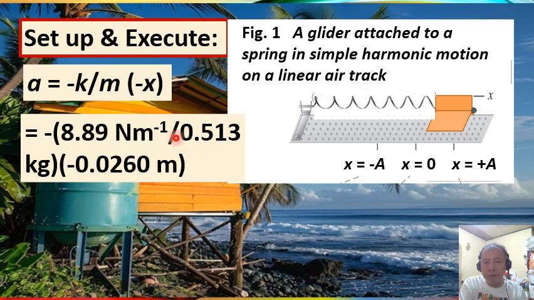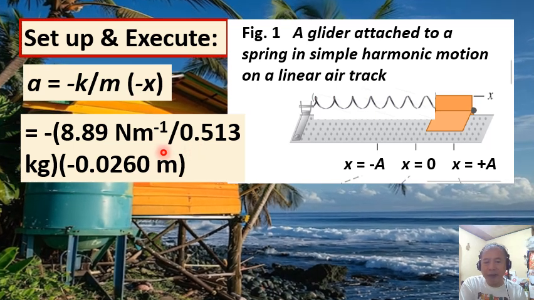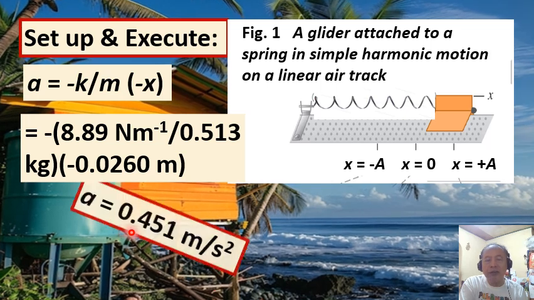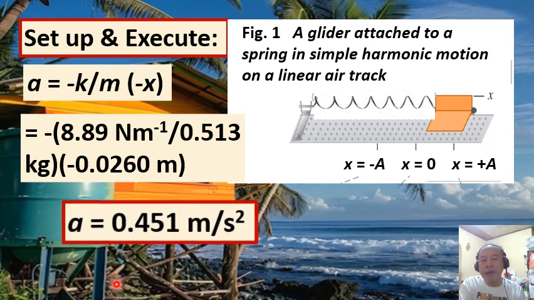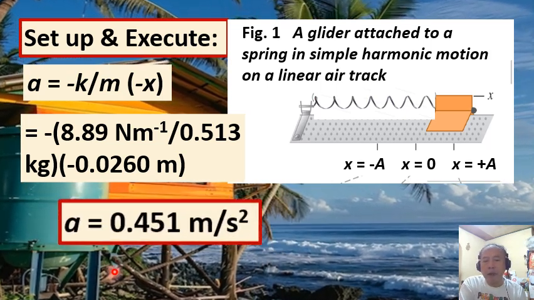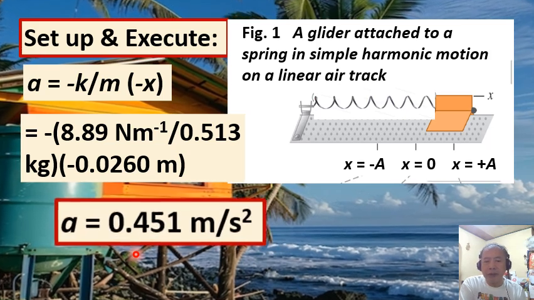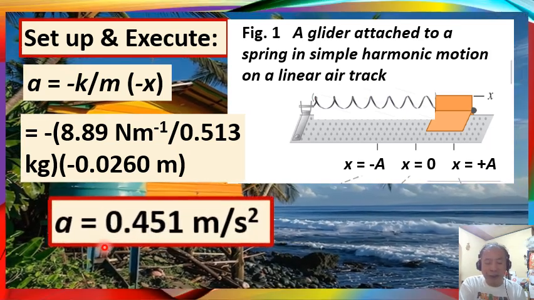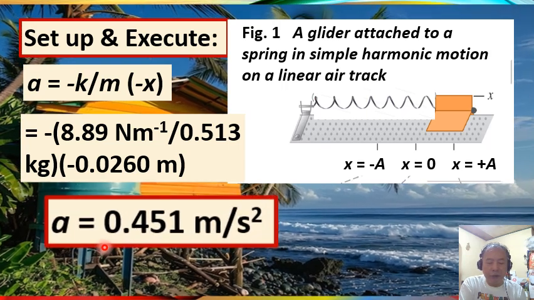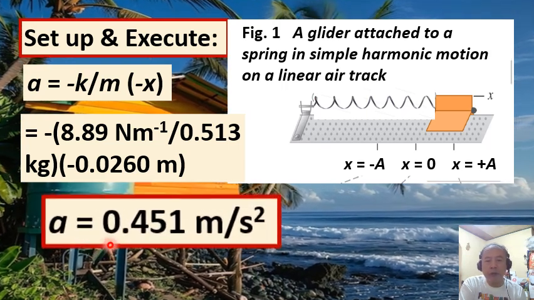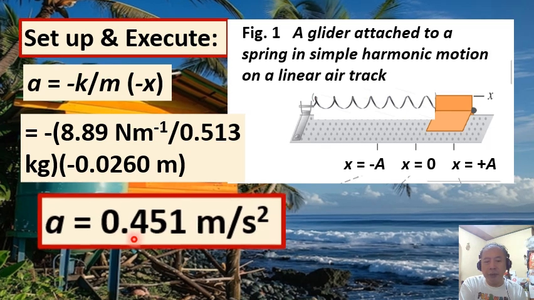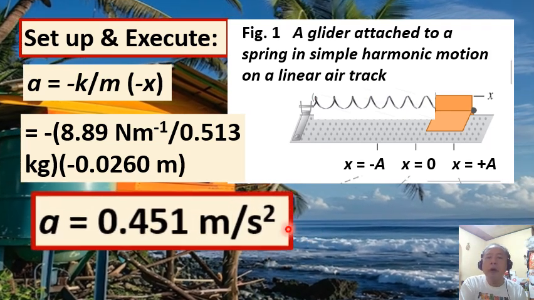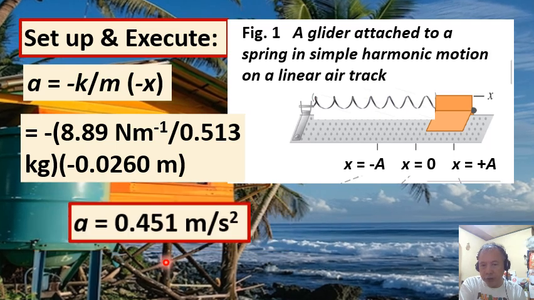That's the value of our negative x. So we will get the acceleration of the glider when it acquires the given elastic potential energy of 3.00 times 10 to the negative 3 joules. So A equals 0.451 meter per second squared, also in three significant figures. All right?